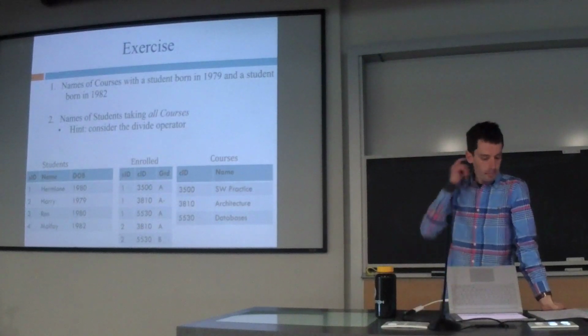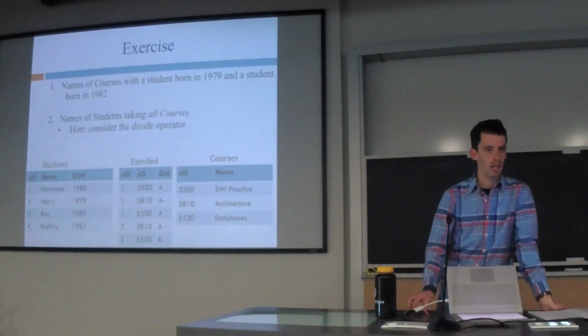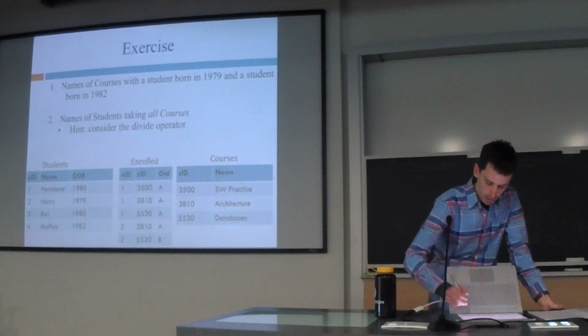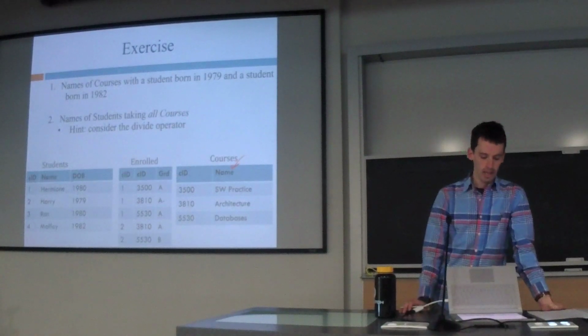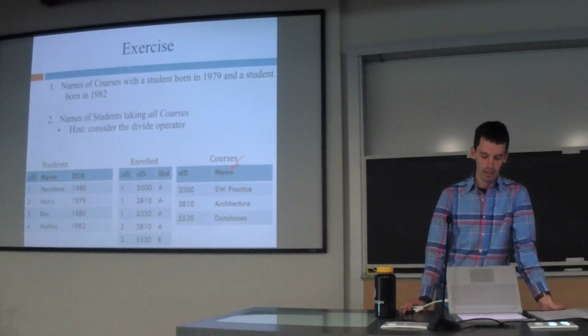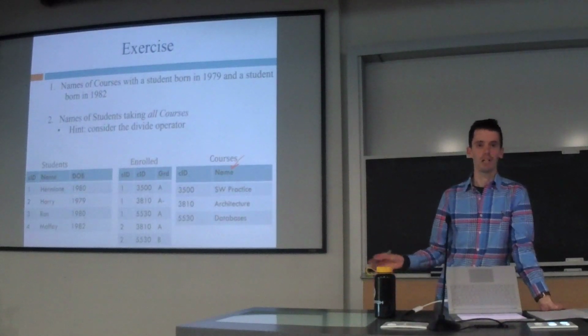So same database, and I have 2 queries now. Give me the course names, the name of any course that has a student born in 1979 and a student born in 1982.